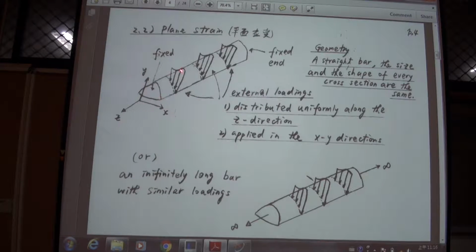The cross sections of the straight bar are located in the xy plane.